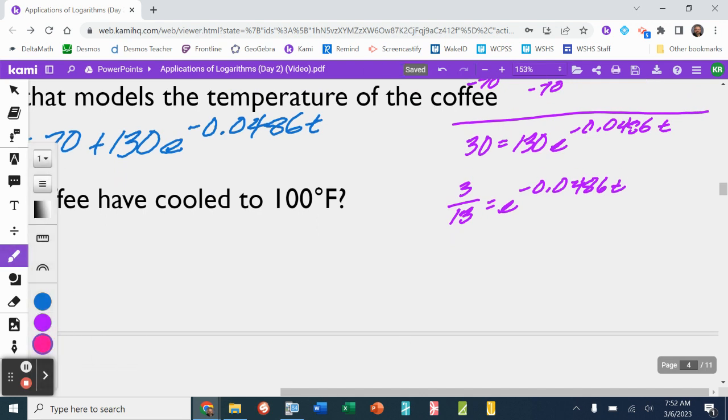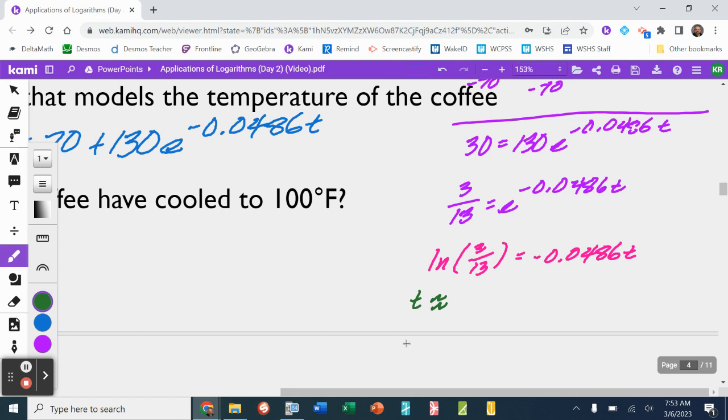Now, I'm down to rewriting it as a logarithm because I've isolated the natural base. So I'm going to have the natural log of 3 over 13 is equal to negative 0.0486 t. And so that means simply that t, the time that we're looking for here, and again, this is going to be an approximation, because number one, we approximated the constant k.